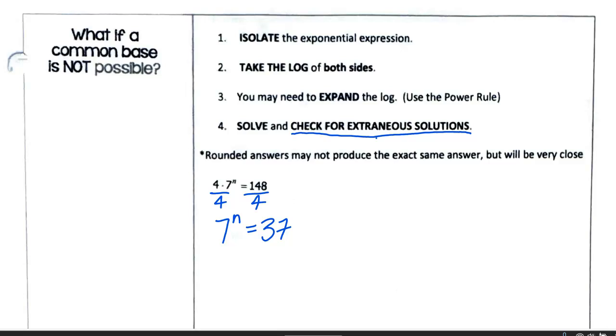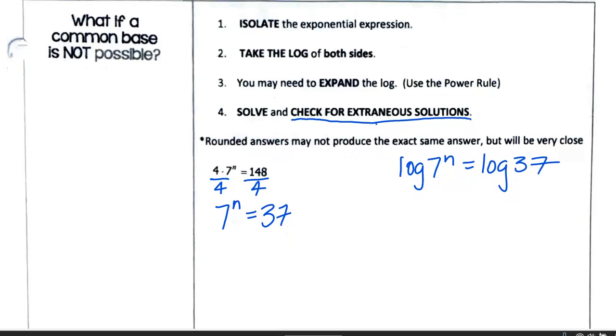So we're going to take the log of both sides. So what that means is you can either rewrite this as a log. How I learned to do it was literally just to take the log of both sides. So you can do it that way. But I have also had many students that just rewrite it as a log.